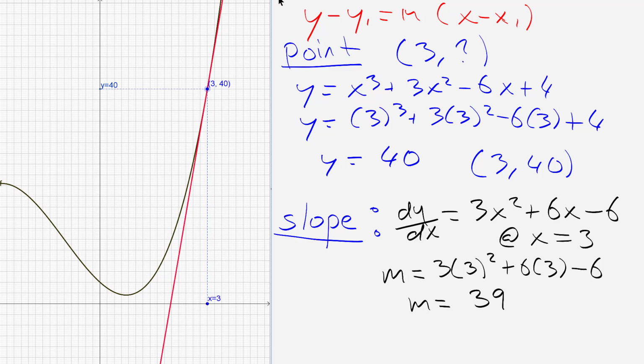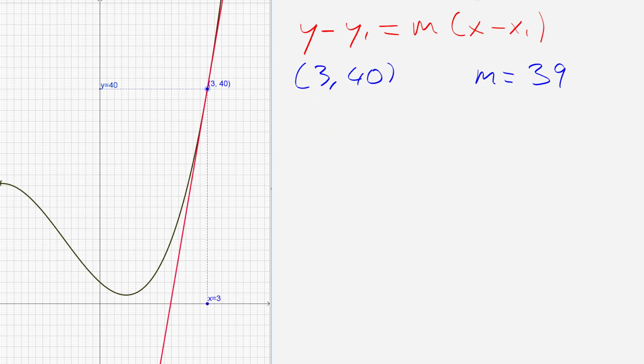So we want to get the equation of the tangent. We're using the equation of the line formula. We needed a point and the slope. We have our point here, the point (3, 40), that would be our x1, y1, and we have the slope of 39.